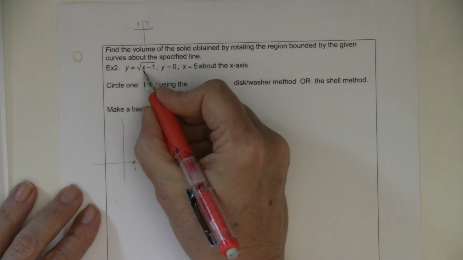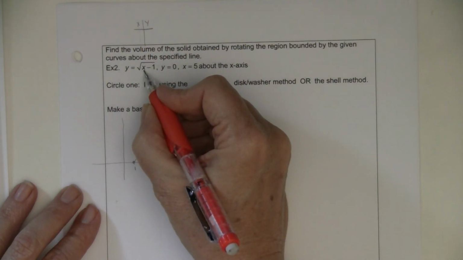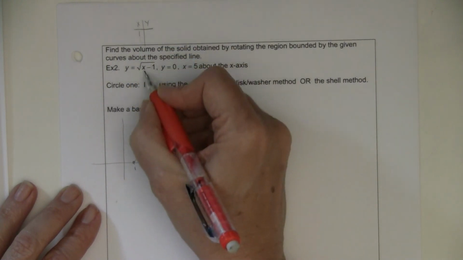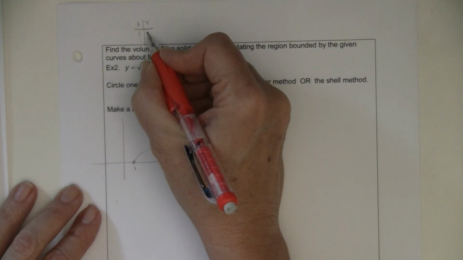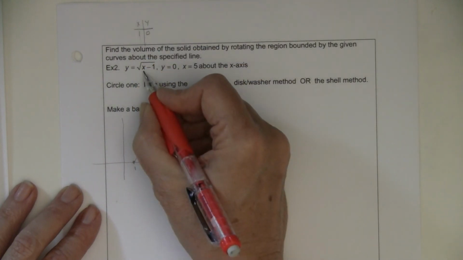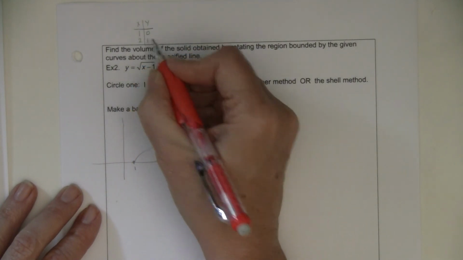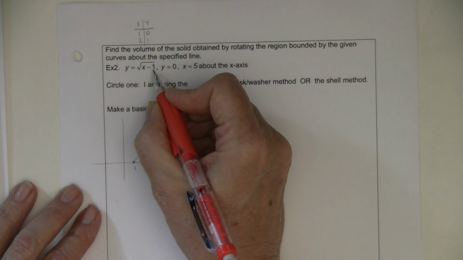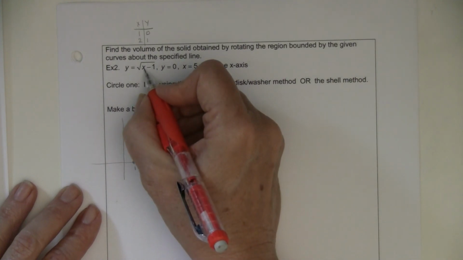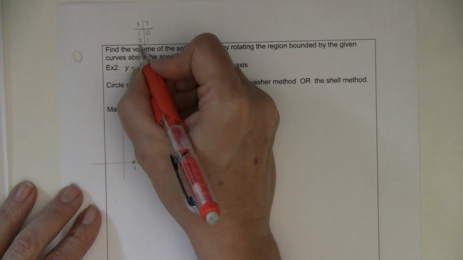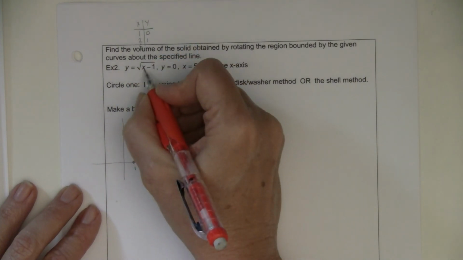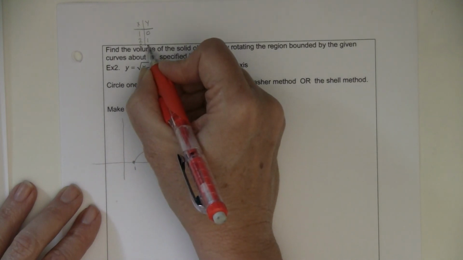Picking 0 would not be appropriate, because that's the square root of negative 1. So I'll pick 1, which gives the square root of 0, which is 0. I'll pick 2, which gives 1, because 2 minus 1 is 1. I don't want to pick 3 because that'll be the square root of 2, or 4 because that'd be the square root of 3. I want to pick 5 because that'll be the square root of 4, which is 2.